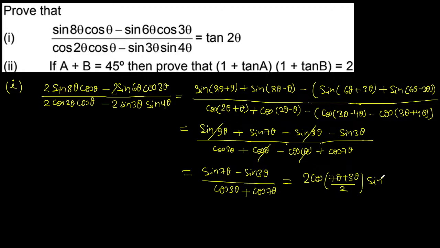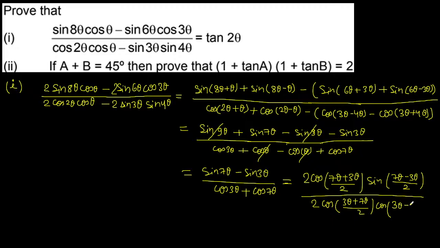So we have sin of (7 theta minus 3 theta) by 2, whole divided by 2 cos c cos d, cos of (c plus d) by 2 cos of (c minus d) by 2.